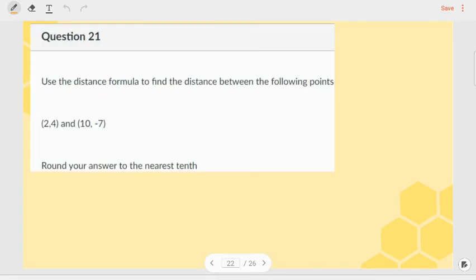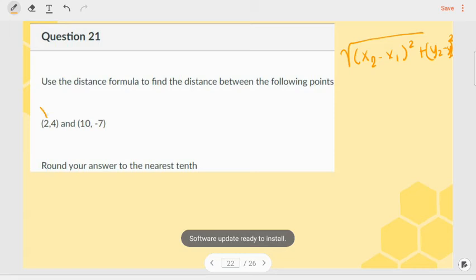Using the distance formula to find the distance between points. Remember the distance formula, and if you don't, write this down. The square root of x2 minus x1 squared plus y2 minus y1 squared. And I ran out of room. Here we go. I label my points. x1, y1, and x2, y2 are my second point.